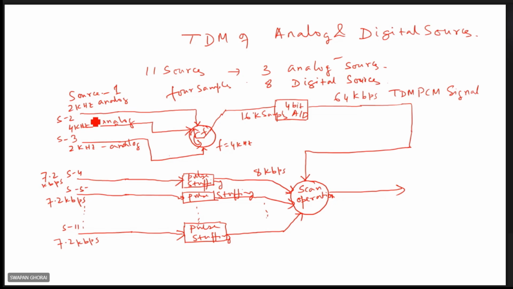Out of the 3 analog sources, one is 4 kHz, the other 2 are 2 kHz. So here we are getting 64 kbps, then 8 kbps for 8, it is also 64 kbps.